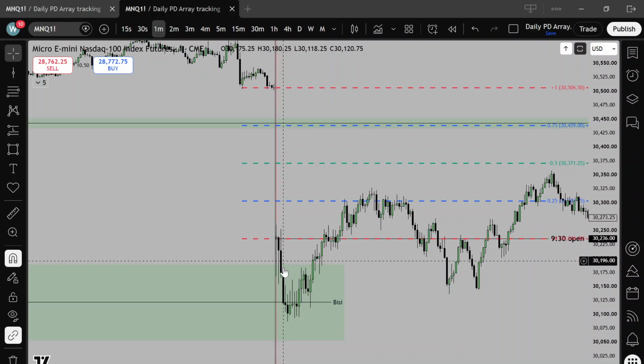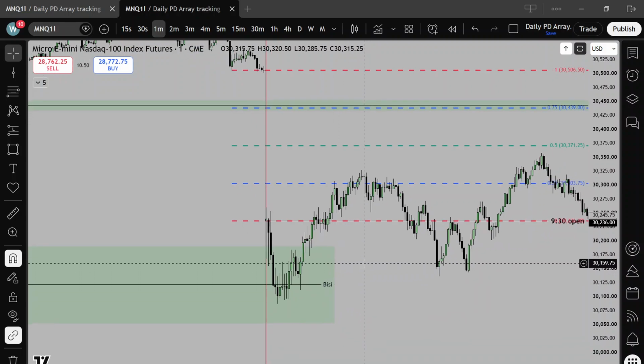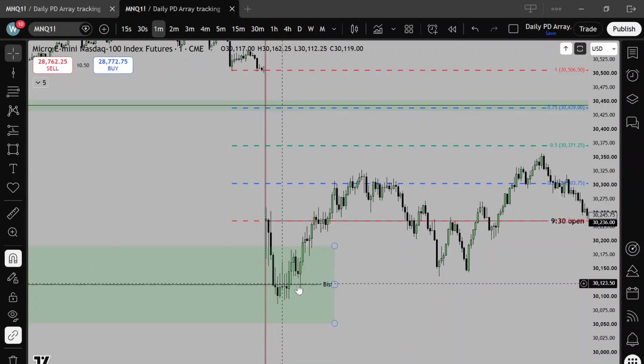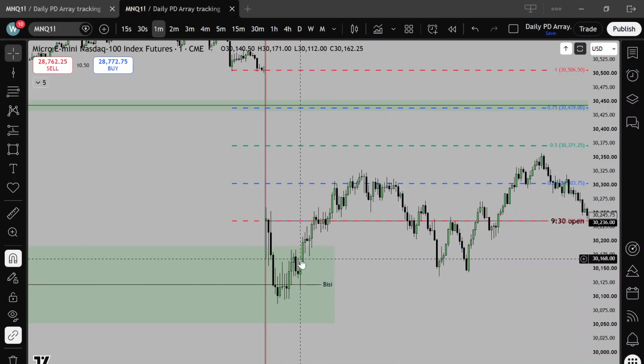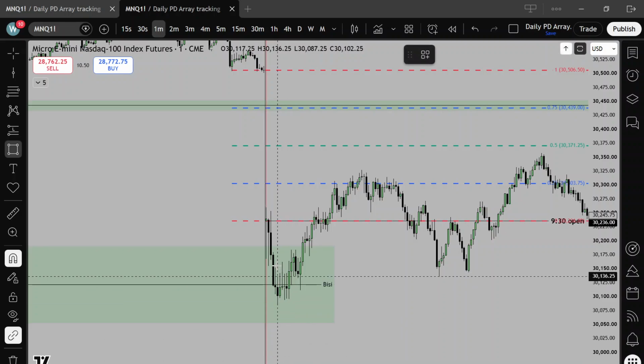The market opens and trades down into a 15-minute BC, fails to get to, on the 15-minute chart, fails for any bodies to close or get close to the consequent encroachment of it. Then you have a change in the state of delivery and a first presented fair value gap.